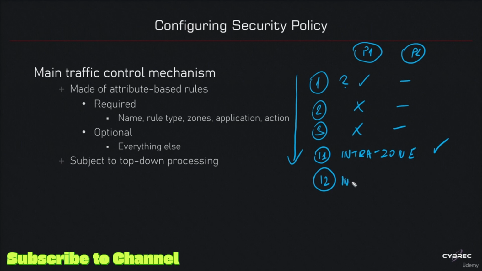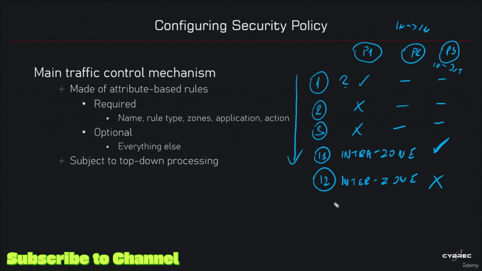The second implicit rule is for interzone traffic. So assuming that packet 2 is, let's say, from inside to inside, we will accept it. And if packet number 3 is not going to match any of our custom rules, but it is for interzone traffic, like inside to outside, we will drop it based on the second implicit rule.